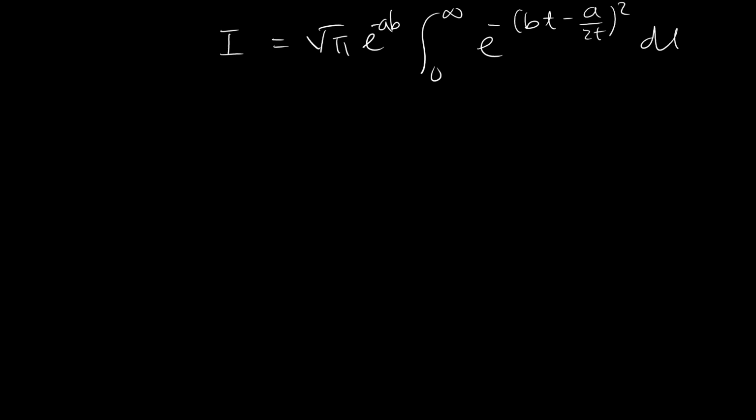So let's proceed. Since I is root of pi, the integral from 0 to infinity of e to the power negative (bt minus a over 2t) squared, 2t, using the Cauchy-Schlomilch transform.